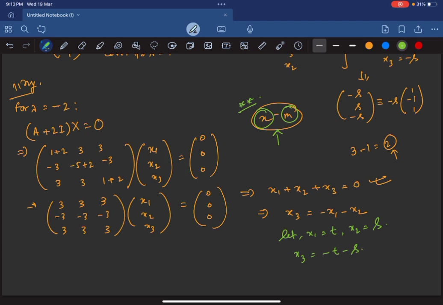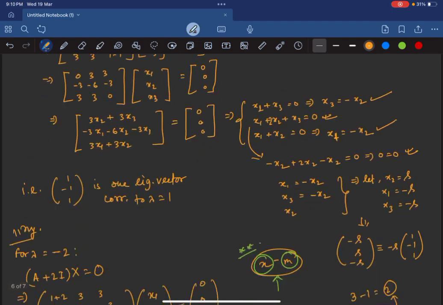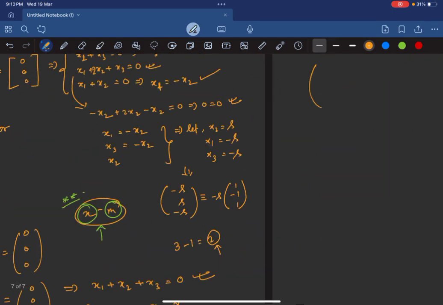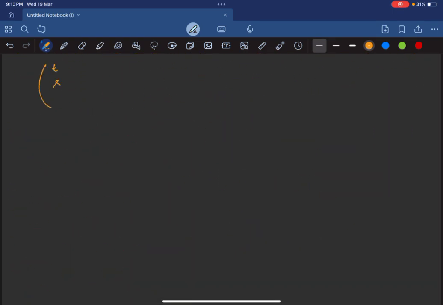Now let's write this in a formal way. x1, x2, x3 is t, s, minus t minus s. So this can be written as t times (1, 0, minus 1) plus s times (0, 1, minus 1). You can do this calculation from the right hand part and you will get back this one.